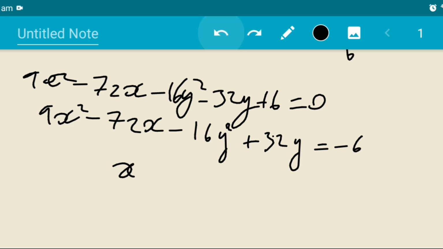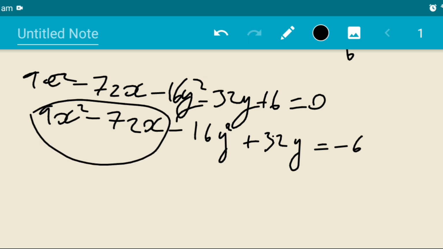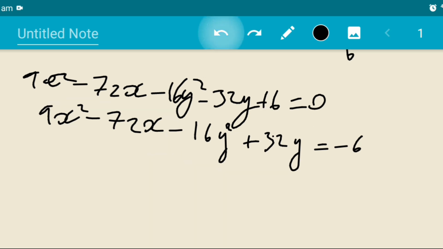So let's deal with the x first, then we deal with the y. Again, it is simpler that way. Let's factor out the 9. Factoring out the 9, we open the parentheses, we say x squared minus, what are we going to multiply times 9 to give us 72? It is 8. Then we close. 8x, then we close.